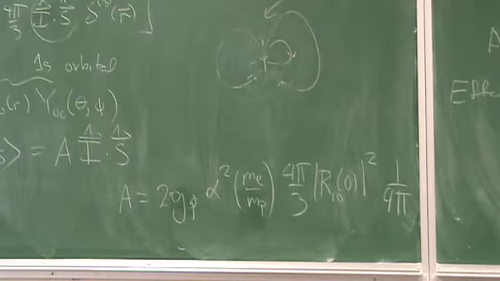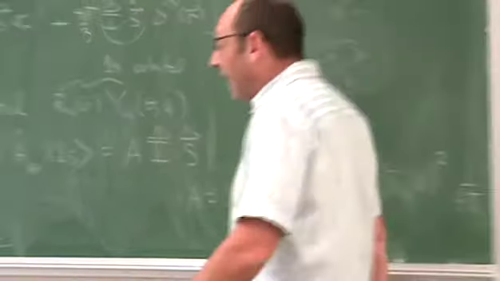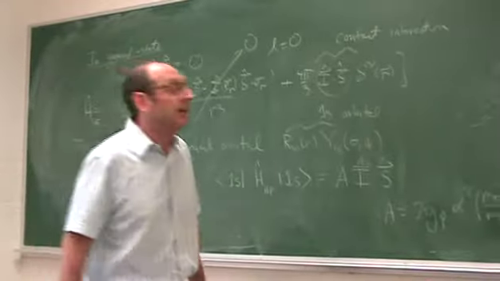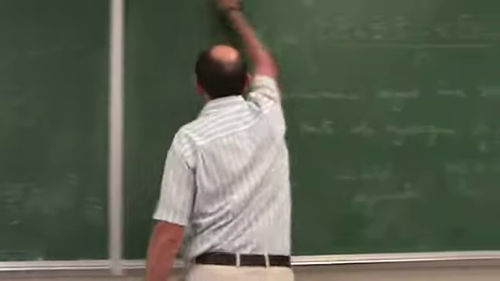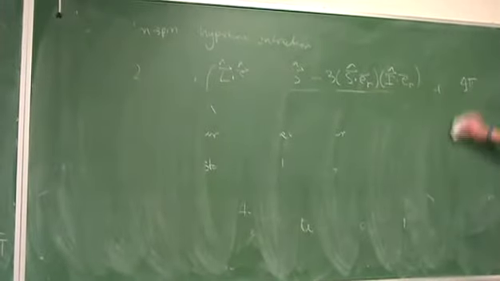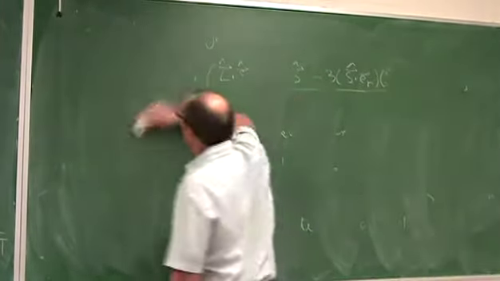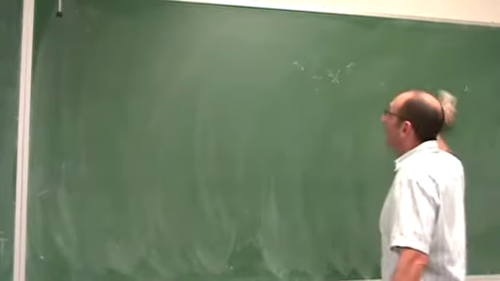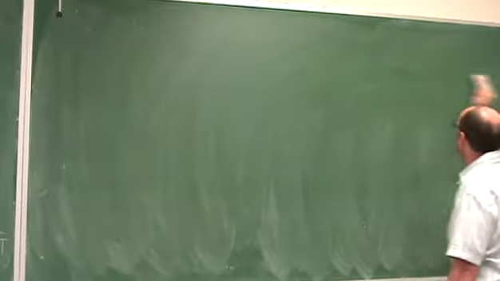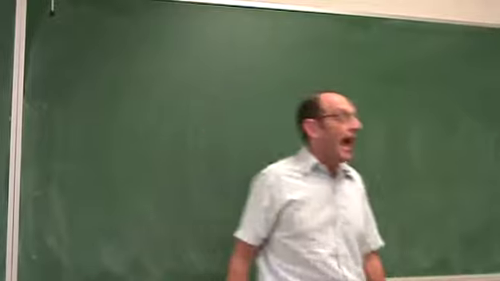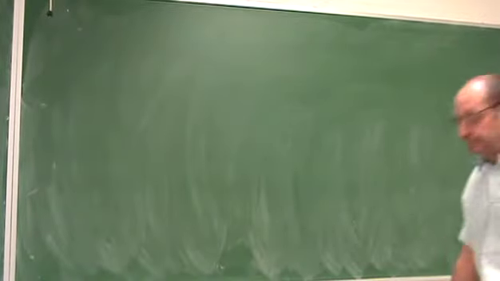All right, so now we have a nice Hamiltonian to diagonalize. What we've done is we've averaged now over the spatial orbital, and we need to consider the spin degrees of freedom, the spin of the electron and the spin of the proton.